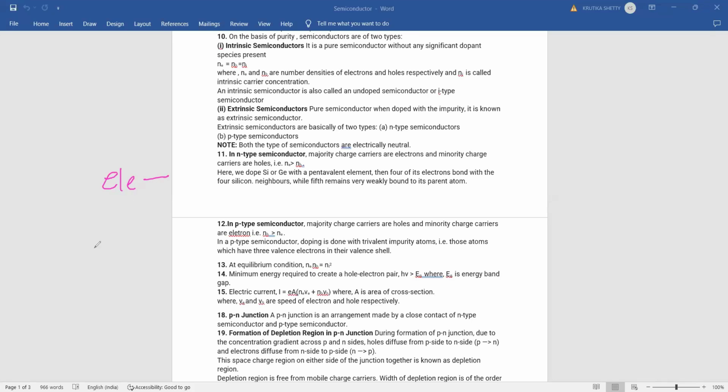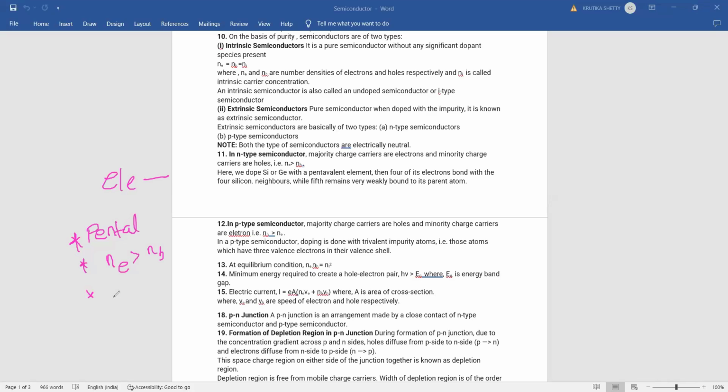If any doubt is there, you can ask here. So you need to remember, to get the N type semiconductor, we are adding the pentavalent. Second point, here the number of electrons will be greater than the number of holes.